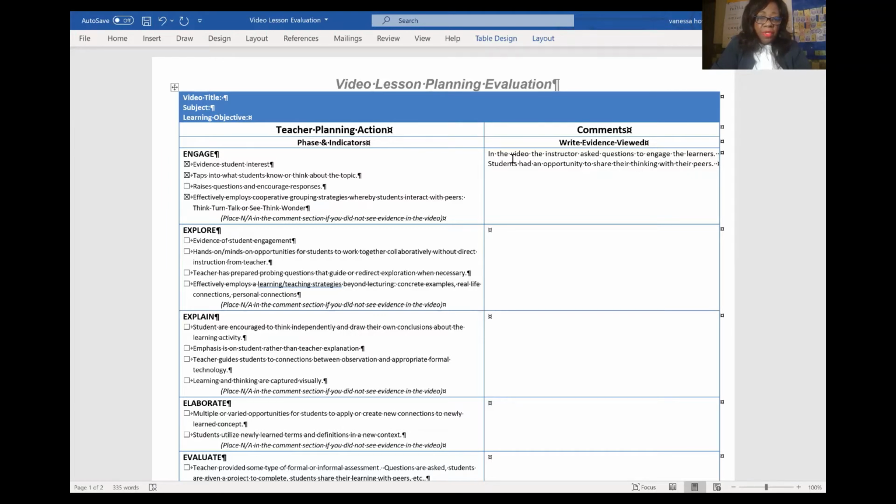And did I tap into what the students know? Yeah, I did a review at the beginning. The teacher reviewed previously taught skills in the beginning of the lesson. So that's how you will fill it out.